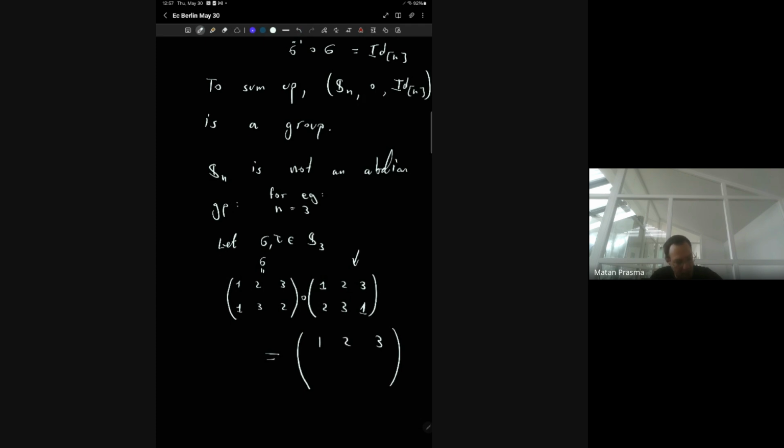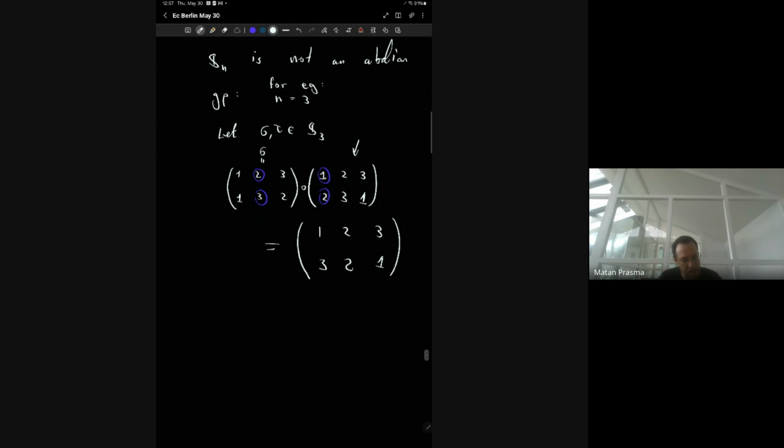So the element 1 first goes to 2, and then the element 2 in sigma goes to 3. So the element 1 eventually goes to 3. The element 2 goes to 3, and then the element 3 goes to 2. So 2 goes to 2. And lastly, 3 goes to 1, and 1 goes to 1, so 3 goes to 1.